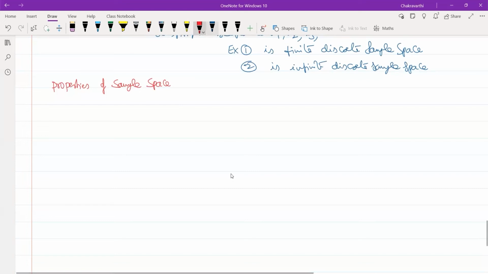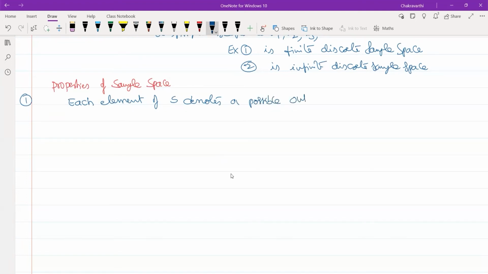These properties are very, very important. Property 1: each element of S, the sample space, denotes a possible outcome of the experiment, the random experiment, abbreviated as RE.